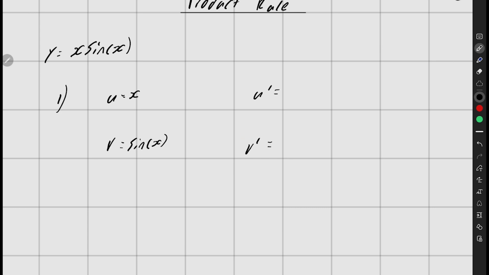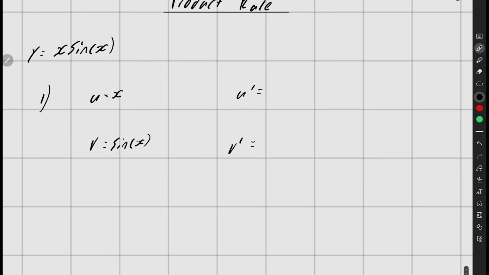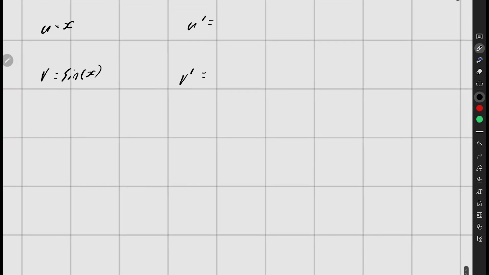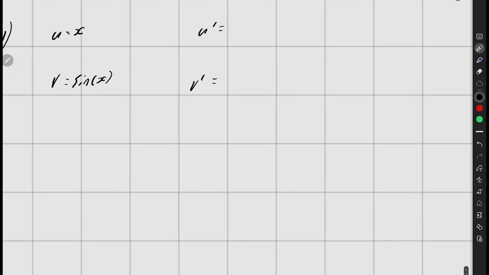Once you've done that, you need to differentiate both functions. So we know u is equal to x, v is equal to sine of x. Let's find the derivative of both these functions respectively. We know x's derivative is just 1, and sine of x is going to become cosine of x.